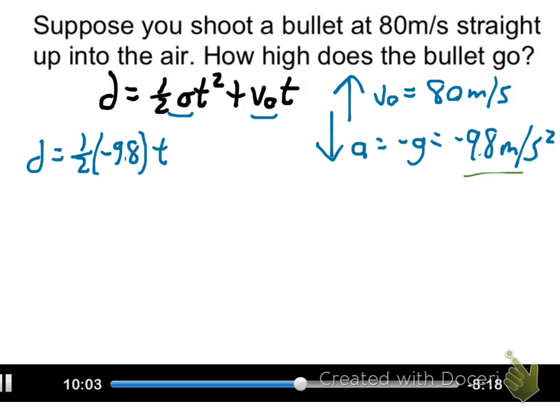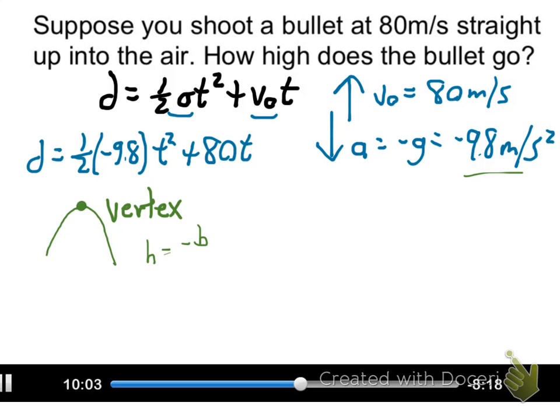So if we plug all these numbers into our equation, this gives us the equation of a parabola that's facing downwards. To find the maximum height, how high this bullet goes, that's like finding the vertex of this parabola.